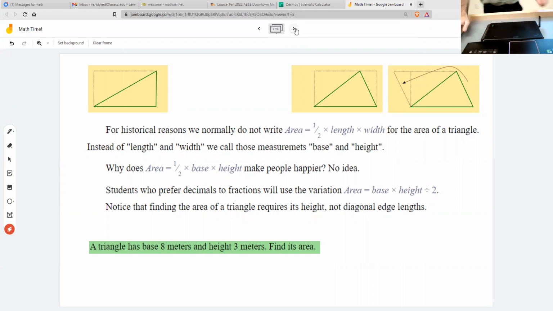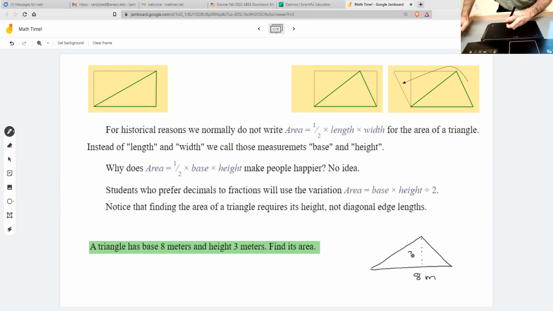So if I ask you to say the triangle has a base of 8 meters and a height of 3 meters, find its area. I could just do 1/2 times base times height because I memorized that.